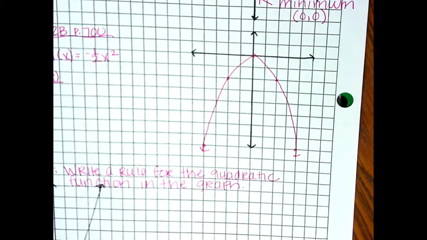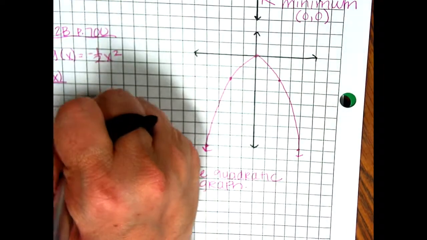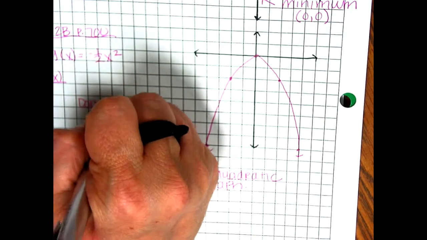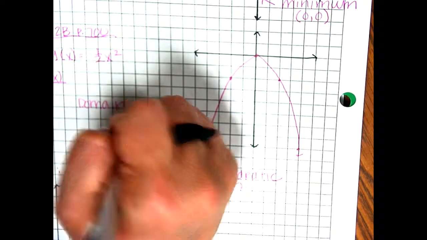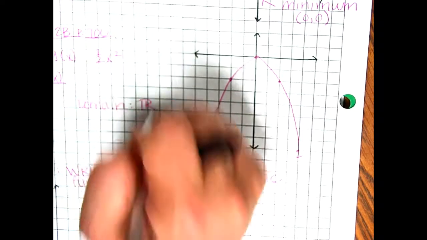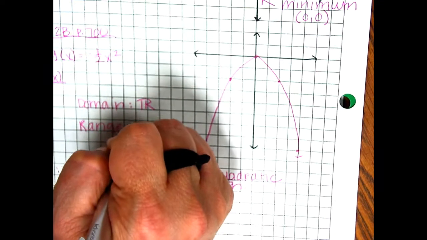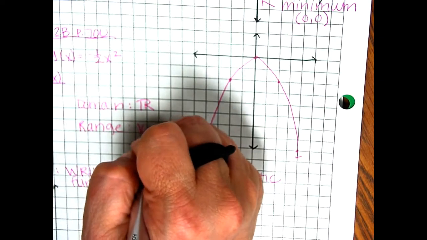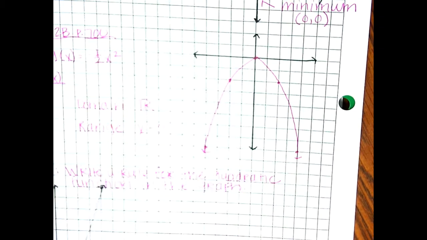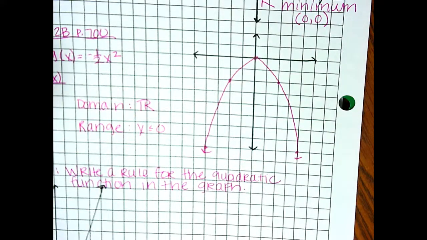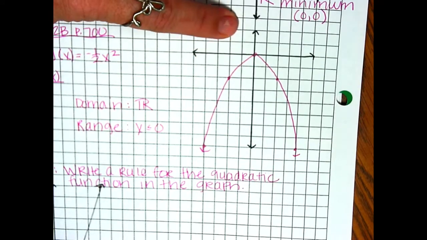The domain is again going to be all real numbers. And the range this time is y is less than or equal to 0, because no matter what I put in for x, my values are never going to come above.